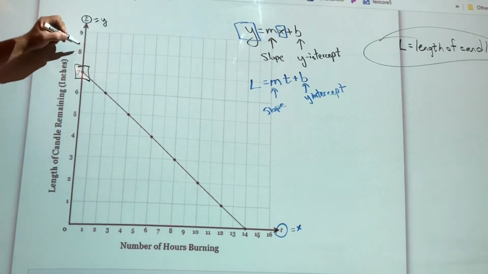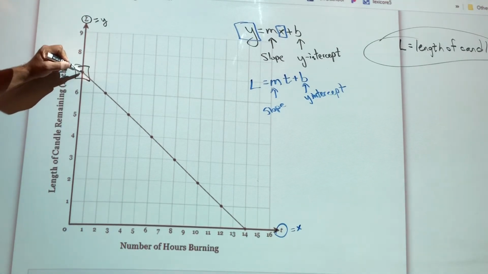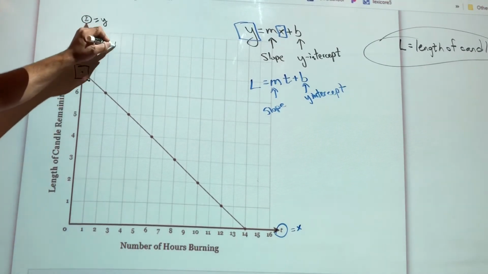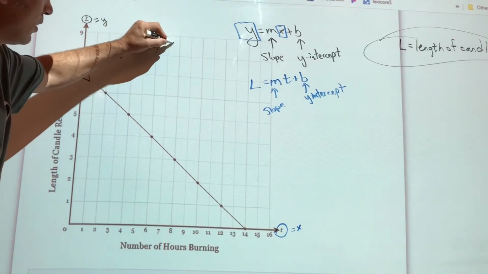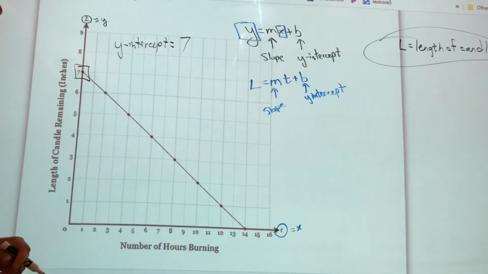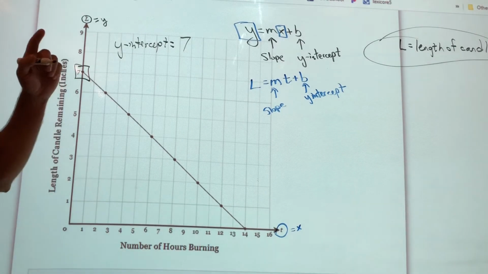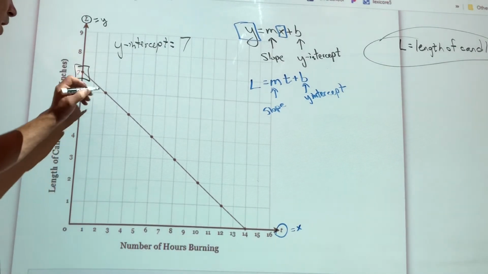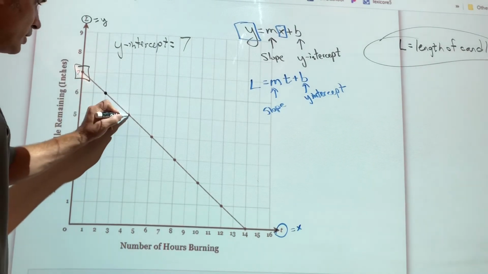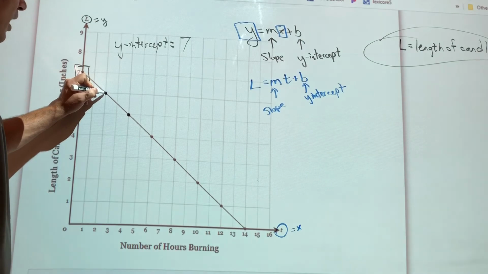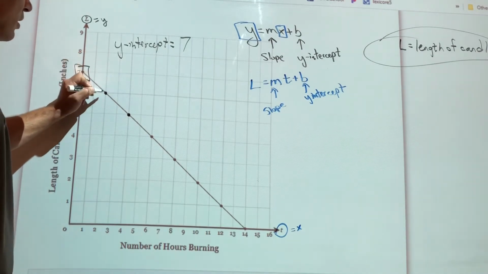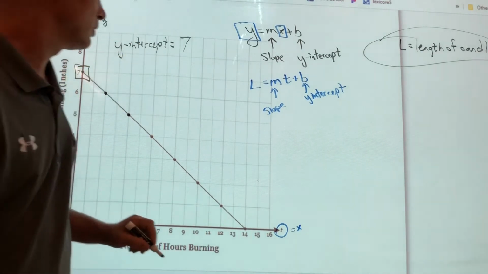So I'm looking for the y-intercept, and the y-intercept seems to be here at this point. So the y-intercept is 7. And then I need to find the slope. And the slope is how much it changes from one point to the next. So from this point, it's not going up, it's not rising. Right? We look at slope.